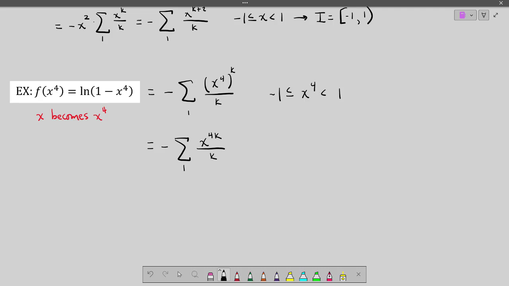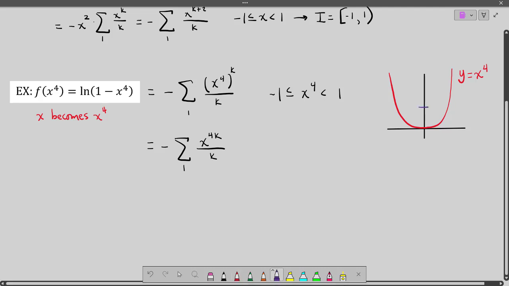First, I'm going to give you a graphical interpretation of how you can think about this. So if you think about the function y equals x to the 4th, it's going to look something like that. So this is a picture of y equals x to the 4th. And we want to know for what x values is this true. So we're looking on the y-axis at 1 and negative 1.